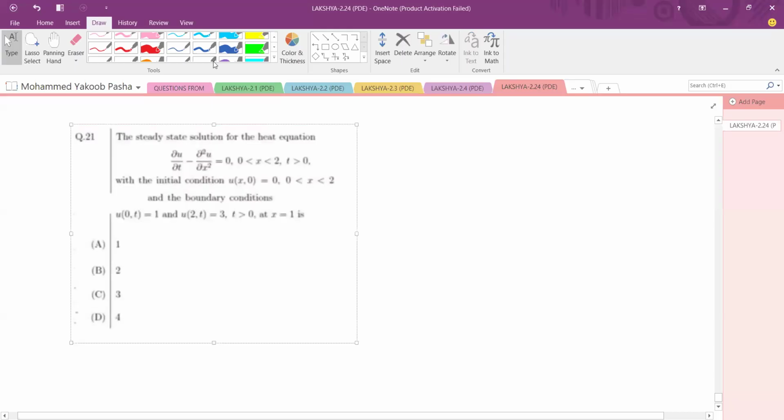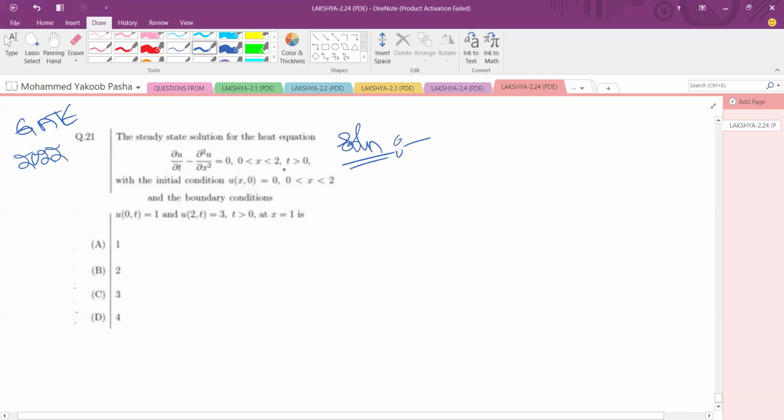Okay, first I am writing the GATE 2022 question. So the steady state solution for the heat equation, dou u by dou t minus dou square u by dou x square is equal to 0.